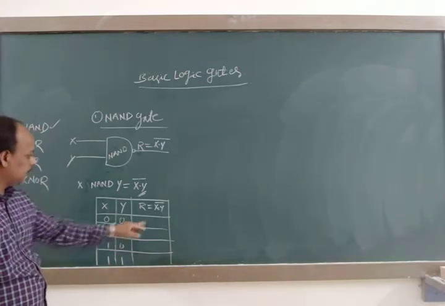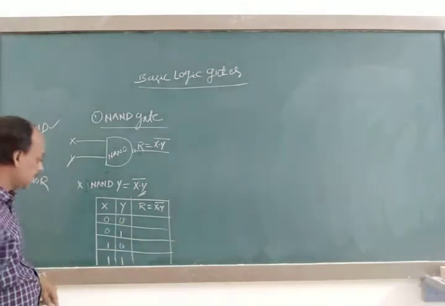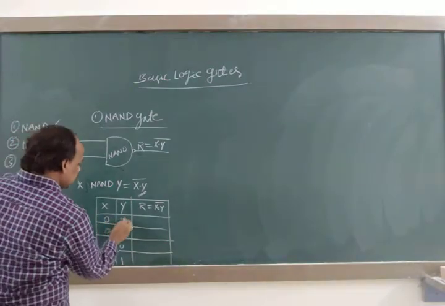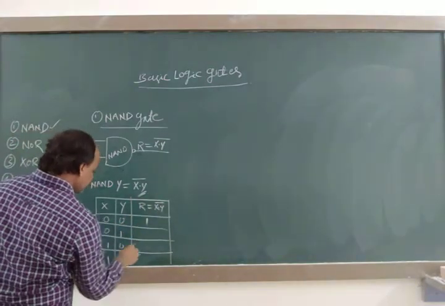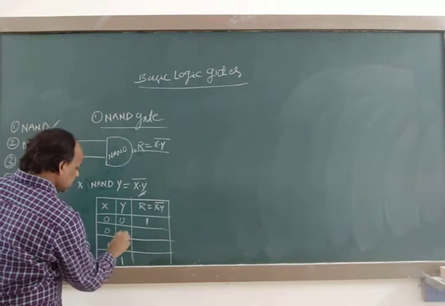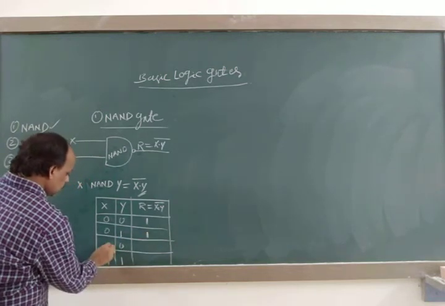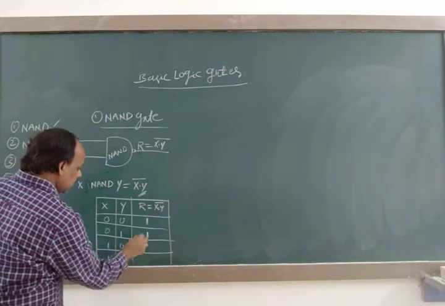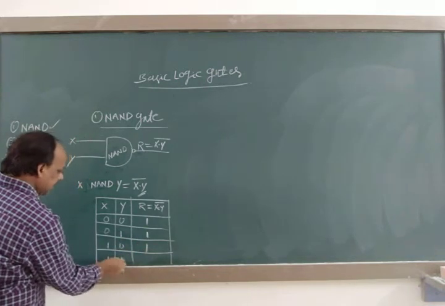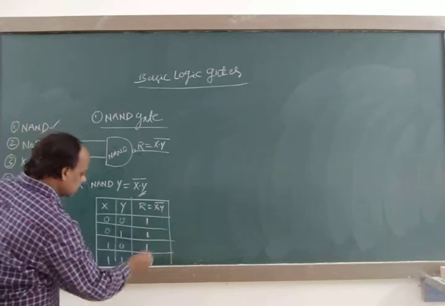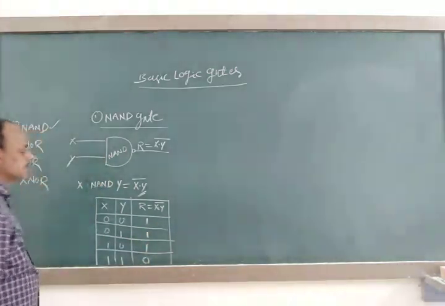See here, perform X into Y whole bar. What happens? 0 into 0, 0. 0 bar means 1. 0 into 1, 0. 0 bar means 1. 1 into 0, 0. 0 bar means 1. 1 into 1. 1 bar means 0.